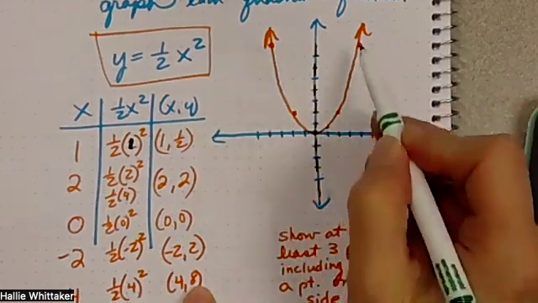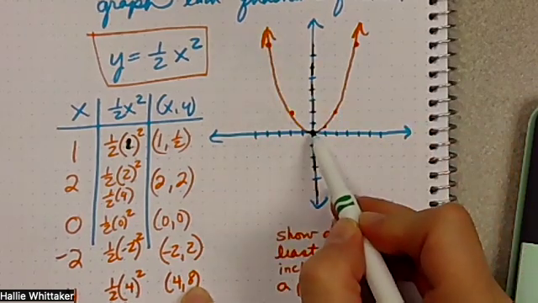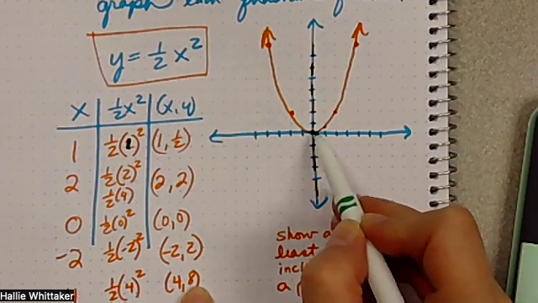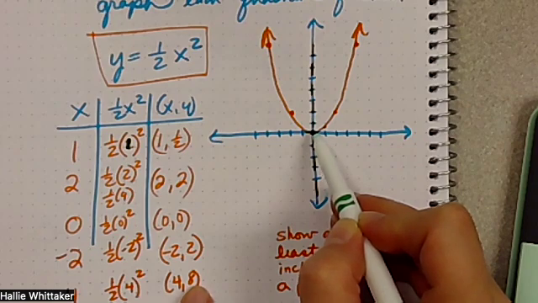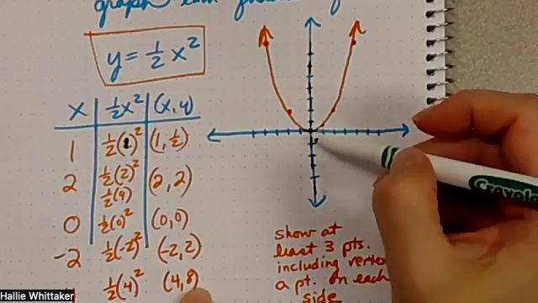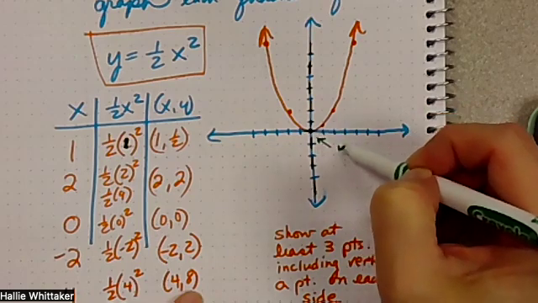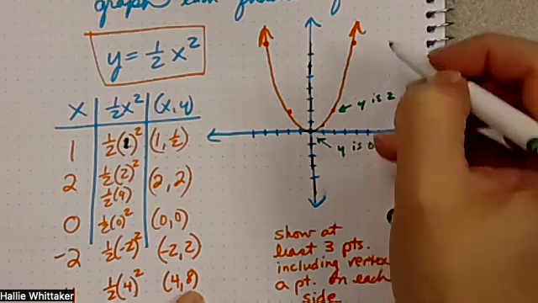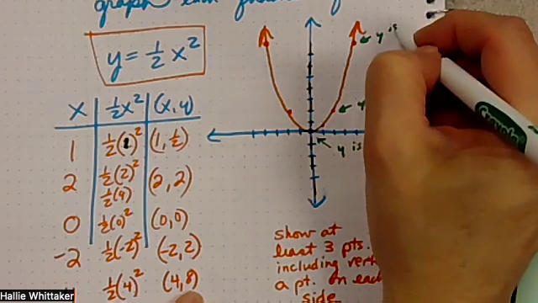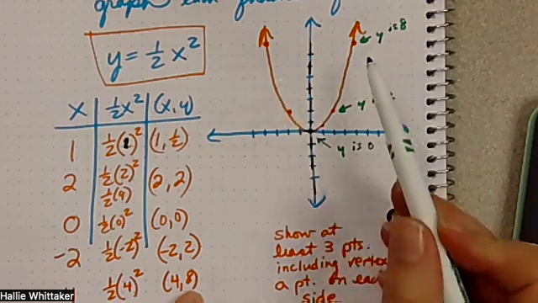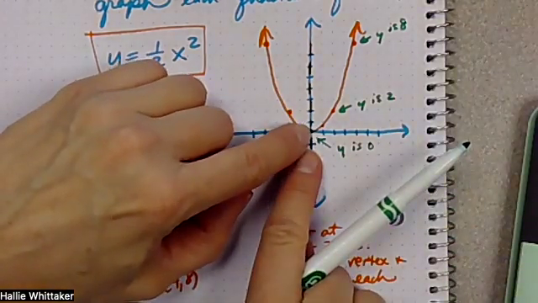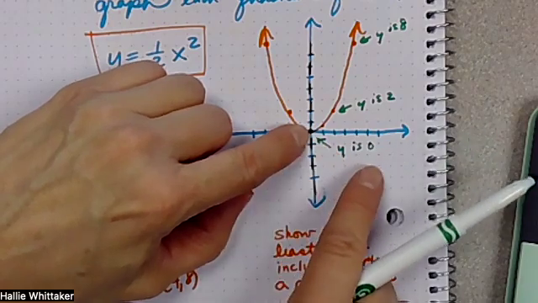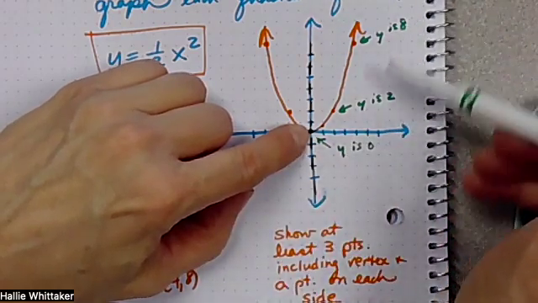So when it opens up, your vertex is the lowest point, and essentially your y value is going to be at its minimum, because your y values just keep going up from there.